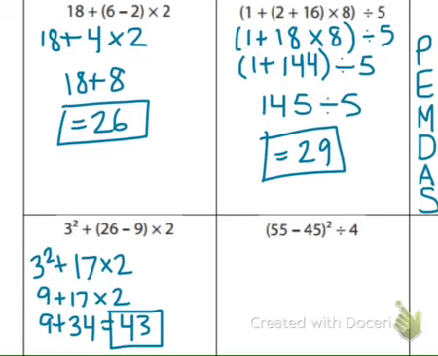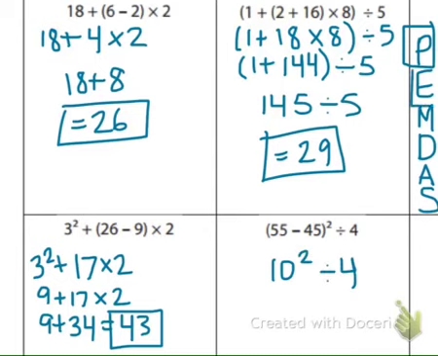Again, this is assuming that you've already done this one. We have 55 minus 45, squared, divided by 4. So do we have parentheses to take care of? Yes. So 55 minus 45 is 10. That takes care of the parentheses. They're gone now. Squared divided by 4.